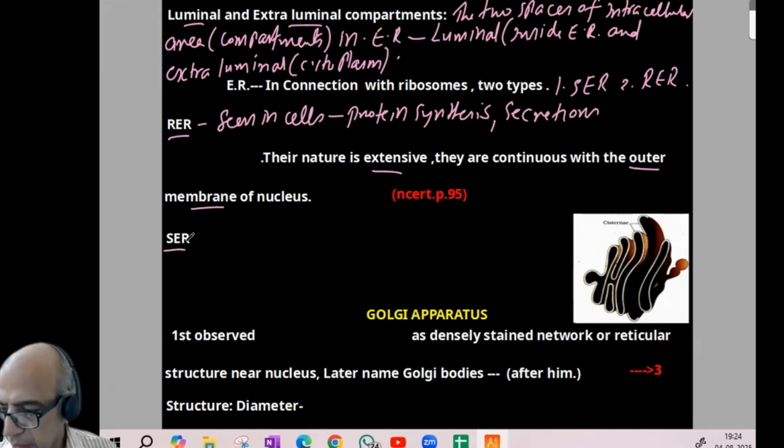Now, when we come to SER, it is connected with the synthesis of lipids.